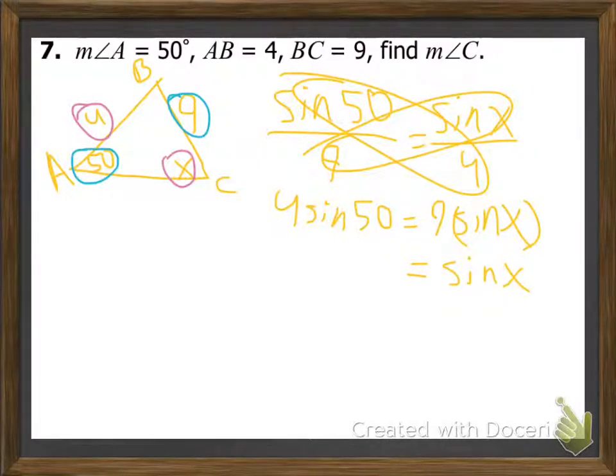So when you do 4 times sine of 50 and then divide by 9, you're going to end up getting this pretty long decimal. It's going to be 0.3405 when you round it to the 4th decimal place.